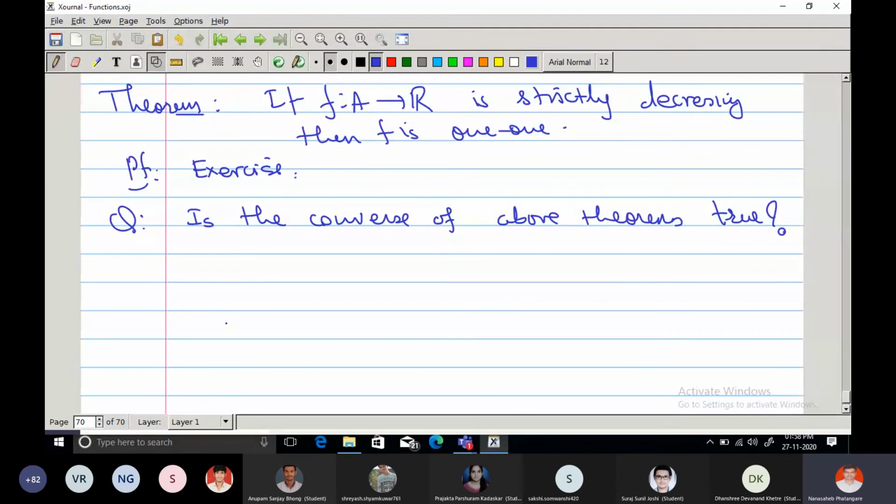If a function is strictly increasing, then it is 1-1.